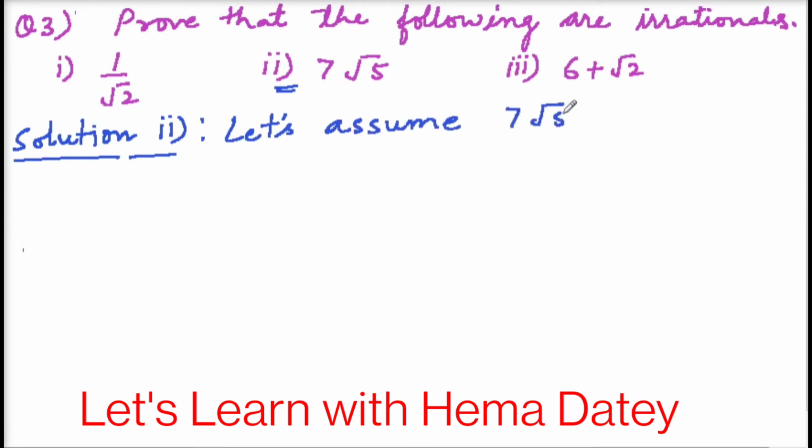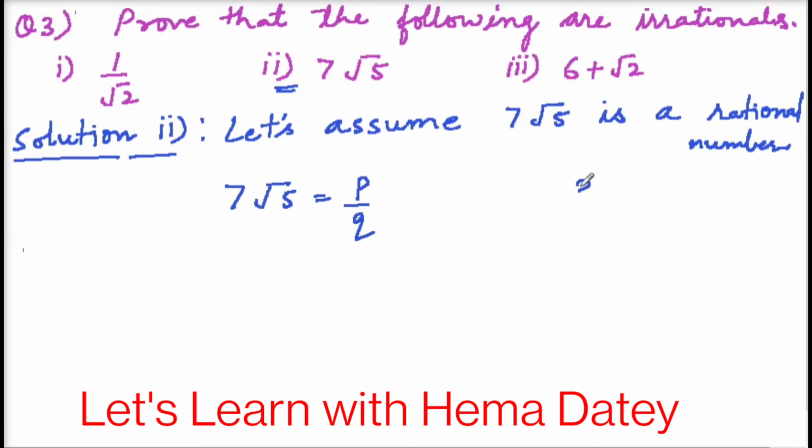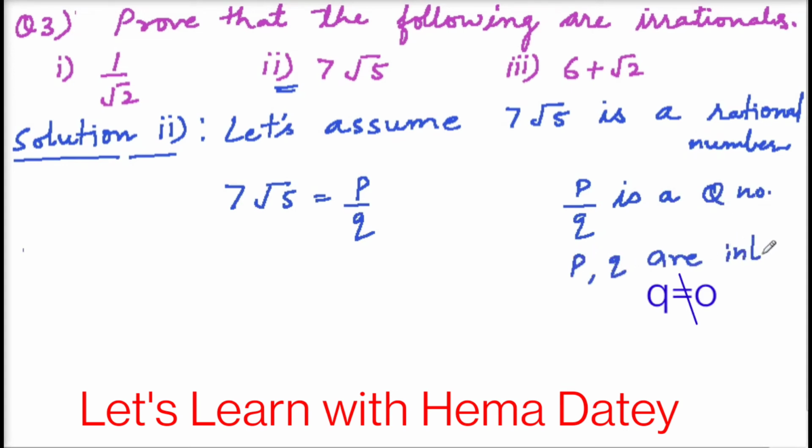7 root 5 is a rational number. So we can take 7 root 5 equals P by Q, where P by Q is a rational number and P and Q are integers and Q is not equal to 0.